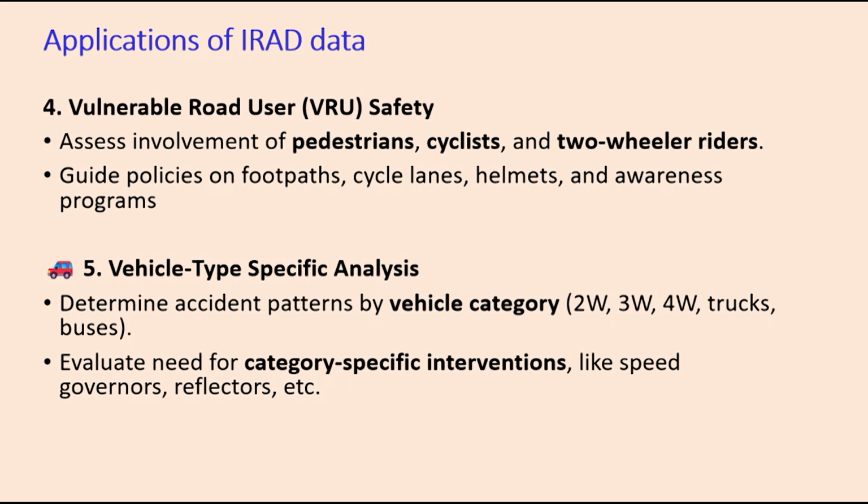Then VRU safety. If you are focusing on that category, VRU means pedestrians, two-wheelers and maybe cyclists, and that itself makes up more than 60%. So if you are able to make them safe, maybe you are going to achieve more than 50% saving in accidents.